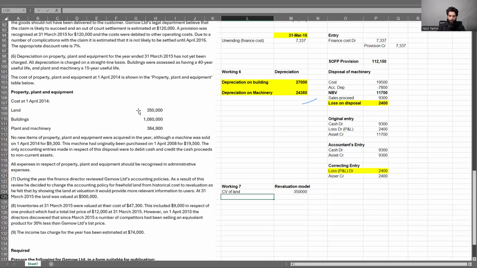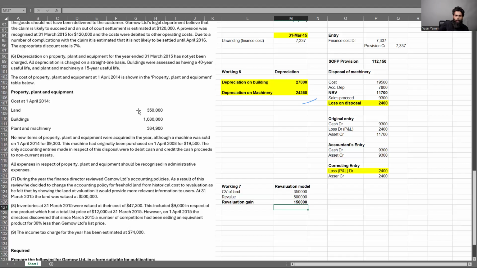Agreed? When you revalue the land, the fair value is 500,000. That means there will be a revaluation gain of 150,000. Is it clear to everyone?